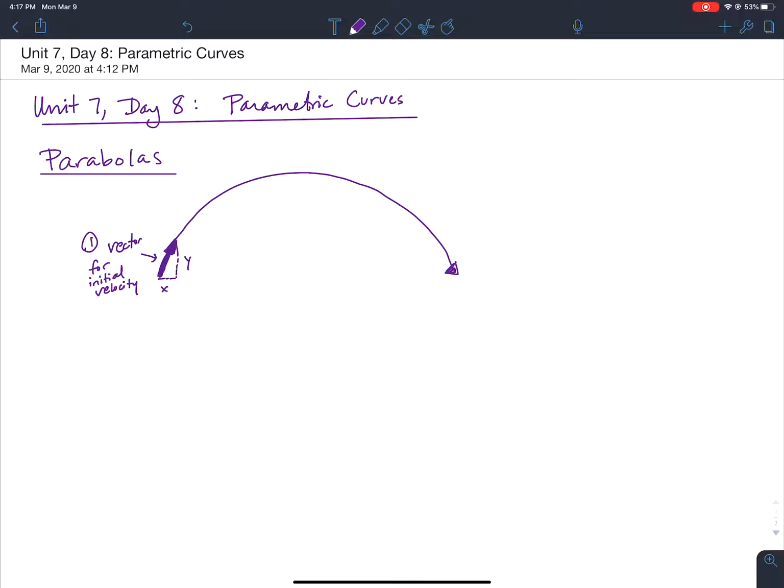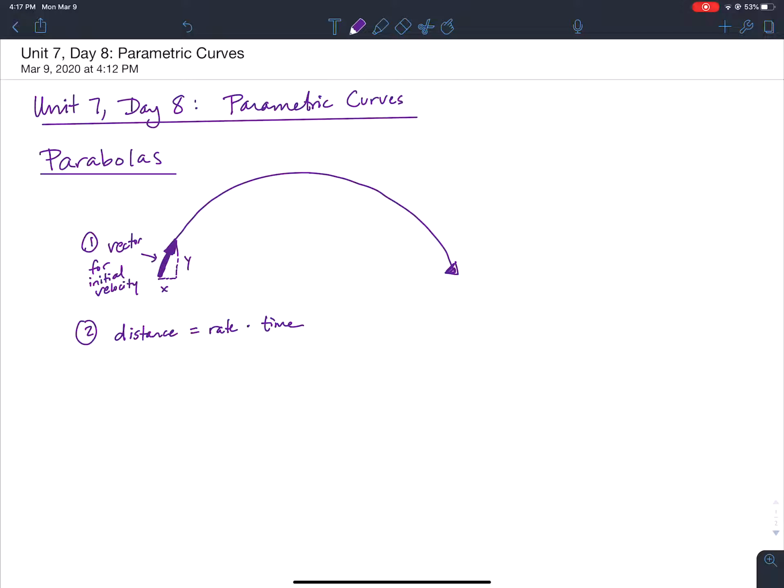The other thing we are going to need to talk about is how distance, so where this object is, is going to equal rate times time. So like how far we drive in our car is going to equal how fast we're going times how long we have been driving.